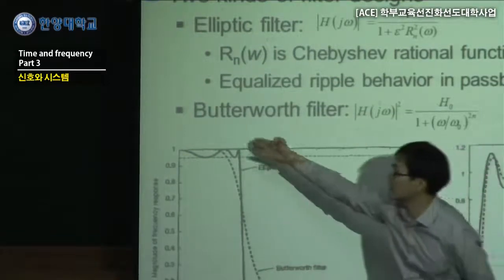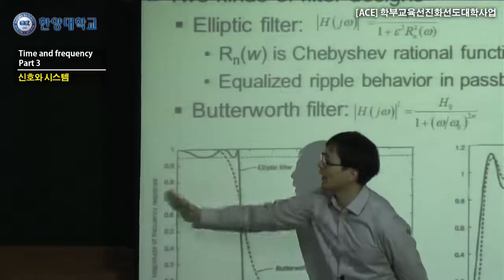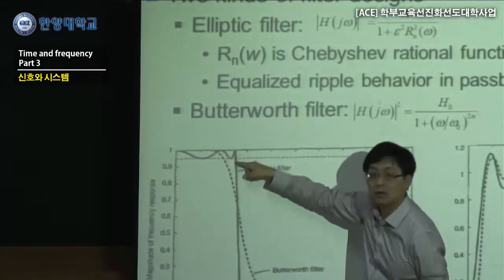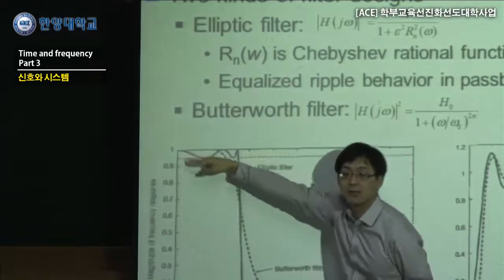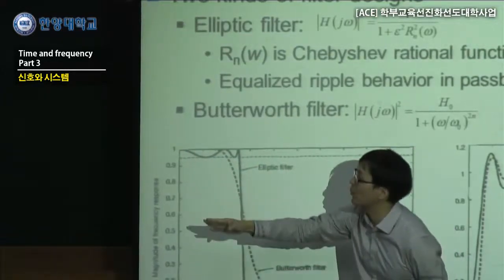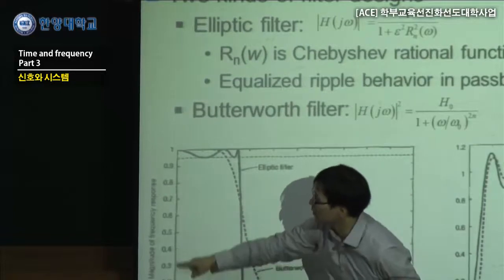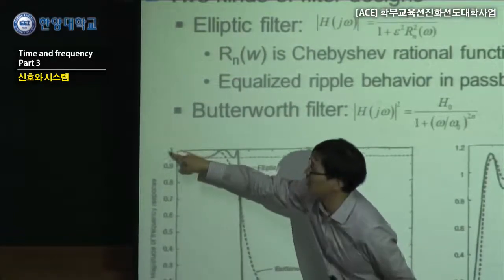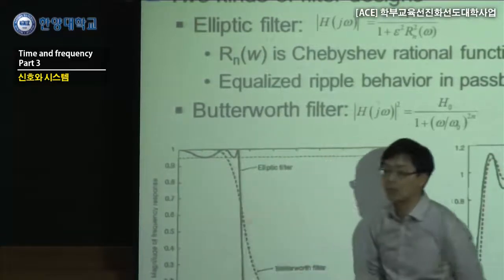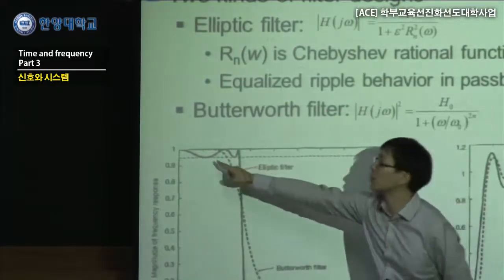Let's talk about the passband. The elliptic filter is waving, not flat. That means for your output, if the input has the same amplitude, and the input happens to be this frequency, it is multiplied by 1. If the input happens to be this frequency, it is multiplied by 0.95 over here.